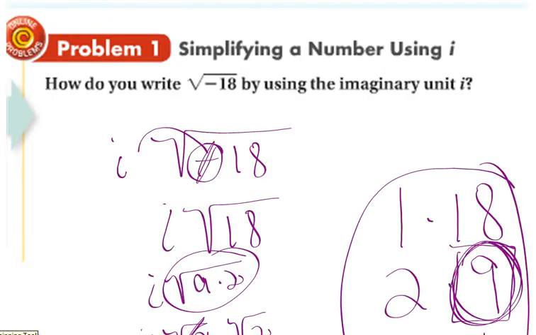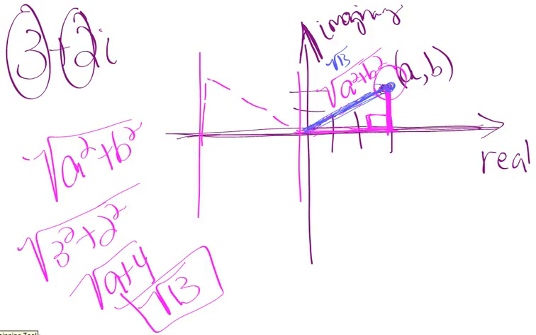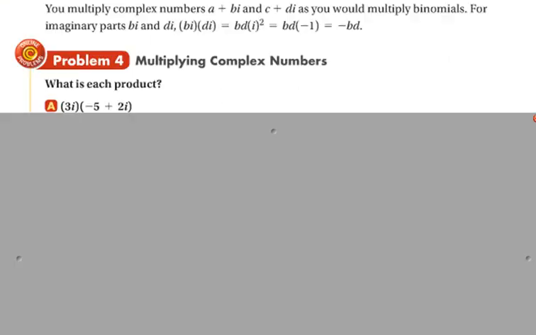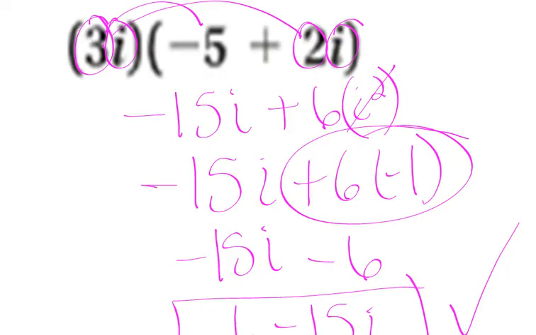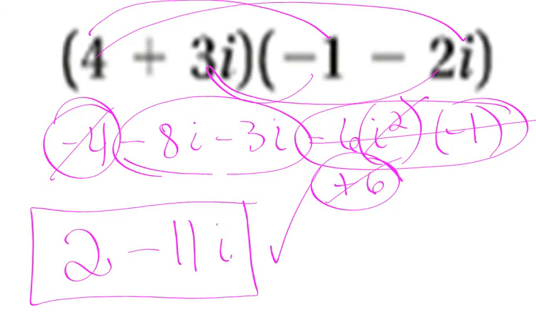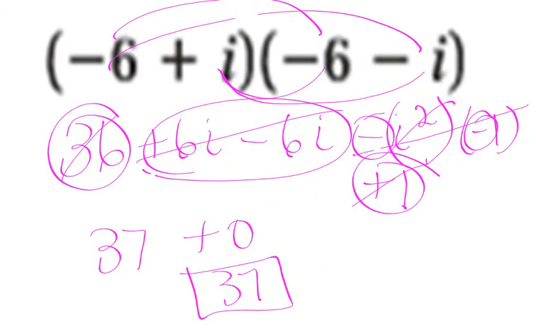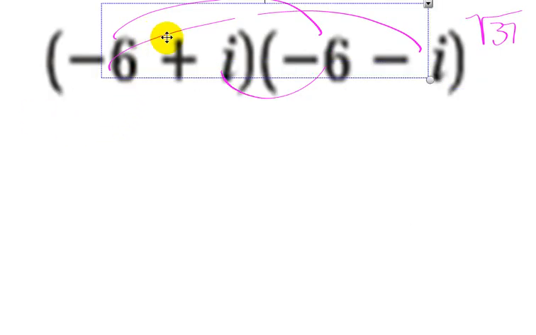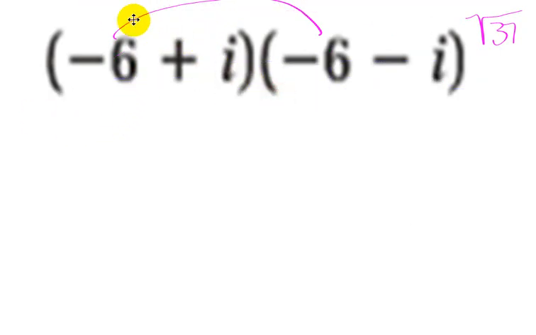Okay, so let's go back. There it is. We did it the long way, and we said it was 37, right? Now let's erase all that and do it with the rule.